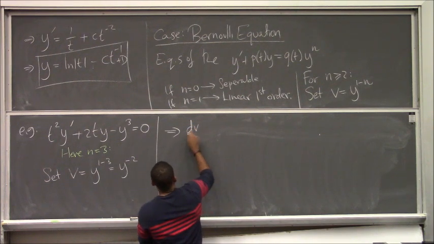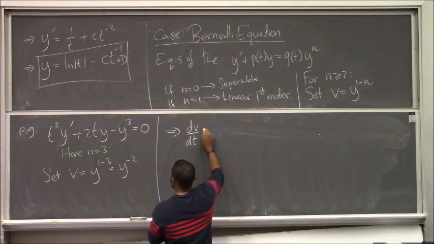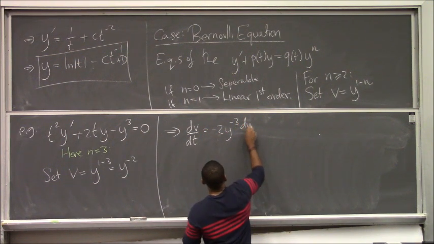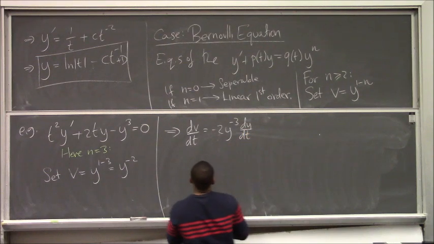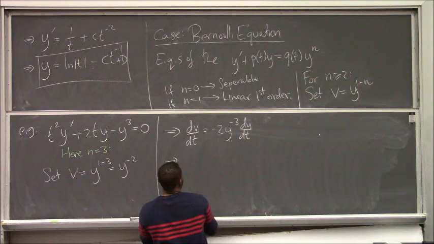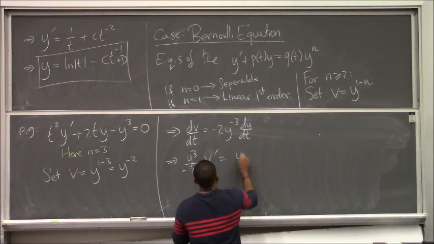So here, dv dt, if I differentiate both sides with respect to t, I would get negative 2y to the minus 3 times dy dt. Right? So that's our y prime. So in other words, if I write this as y cubed over minus 2 v prime, I would obtain y prime.